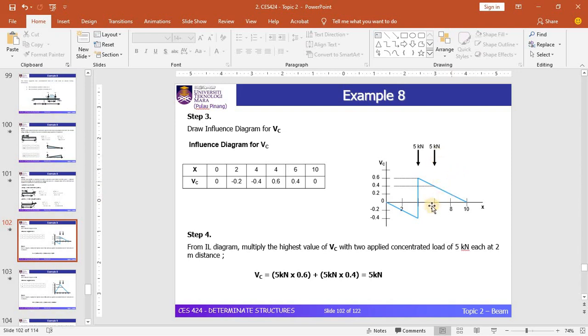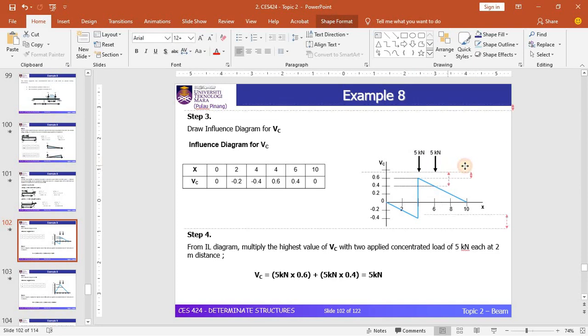Based on this diagram, as I have explained in example 7, you need to look at the positive or negative side. Since in the problem we need to find the maximum positive shear value, you need to look at the upper side of this x axis. You can see that this is a peak point.